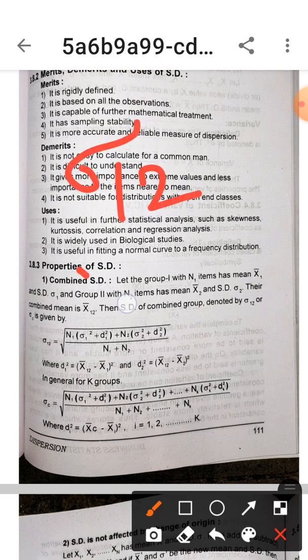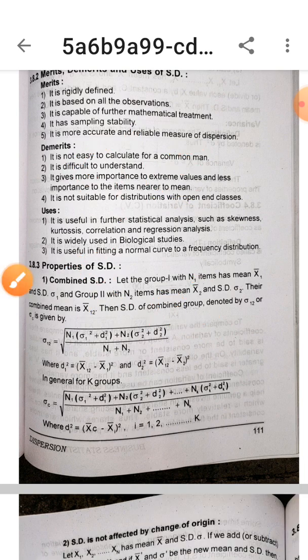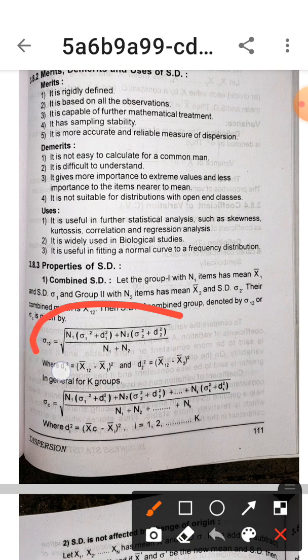Likewise, x bar 1 2 is the combined mean, and sigma 1 2 is the combined SD. Okay, combined SD can be calculated by this formula. Here n1 is the total number of values from the first group. Sigma 1 square is the square of the first standard deviation, and n2 is the second group's number of values. Sigma 2 is the second standard deviation.